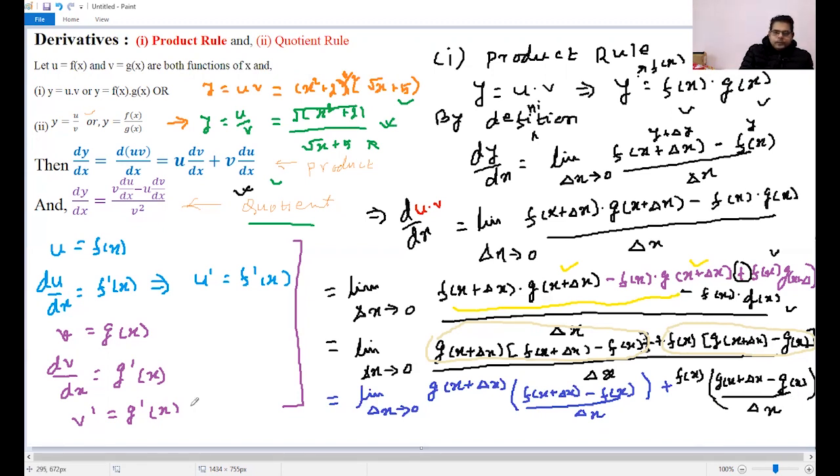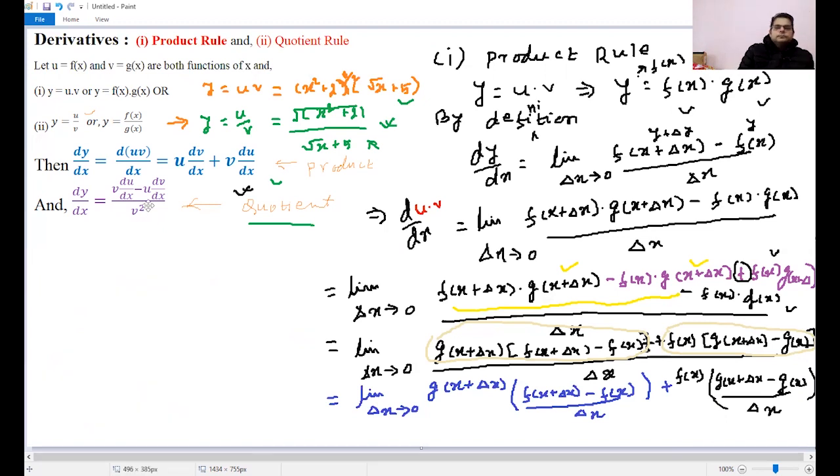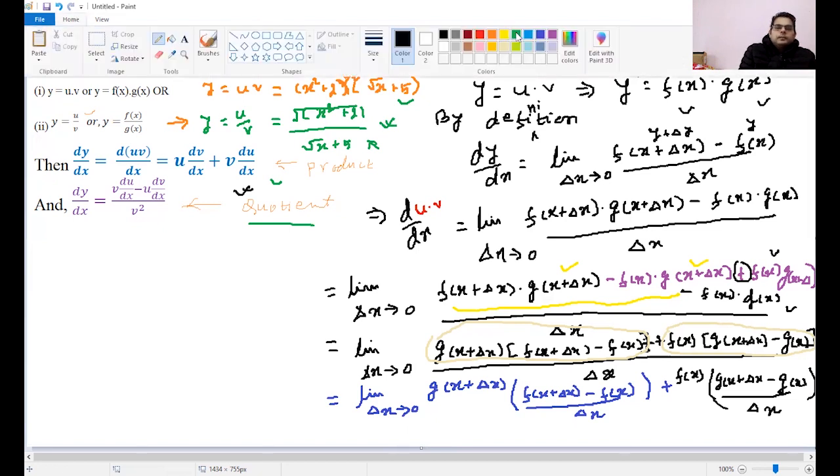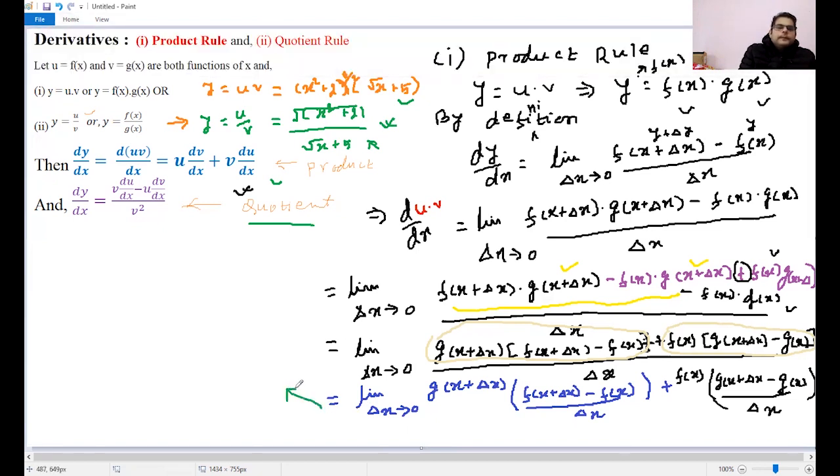All right, so let me have this space clear. Now, if I proceed with the step after this, what you can get is equal to, let's put the limit back over here.